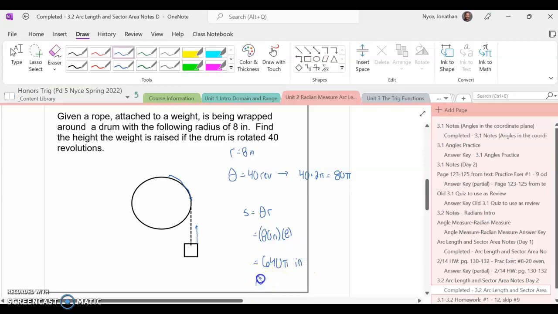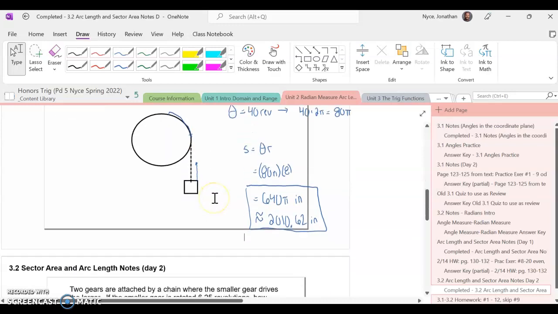If you want a decimal approximation, 640 pi in the calculator would be 2010.62 inches. So pretty straightforward here. It's just recognizing that the height that the weight is raised is the same thing as how far a point on a wheel is going to rotate around the wheel, so arc length.